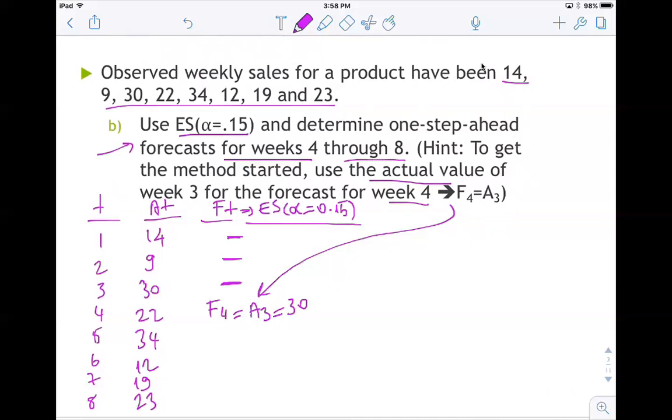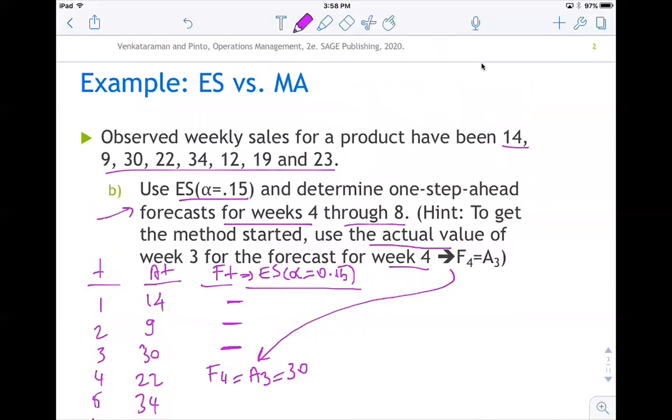All right, I'll get this started, and I will try to rewrite my exponential smoothing forecasting function. Again, Ft+1 equals Ft plus alpha times At minus Ft.